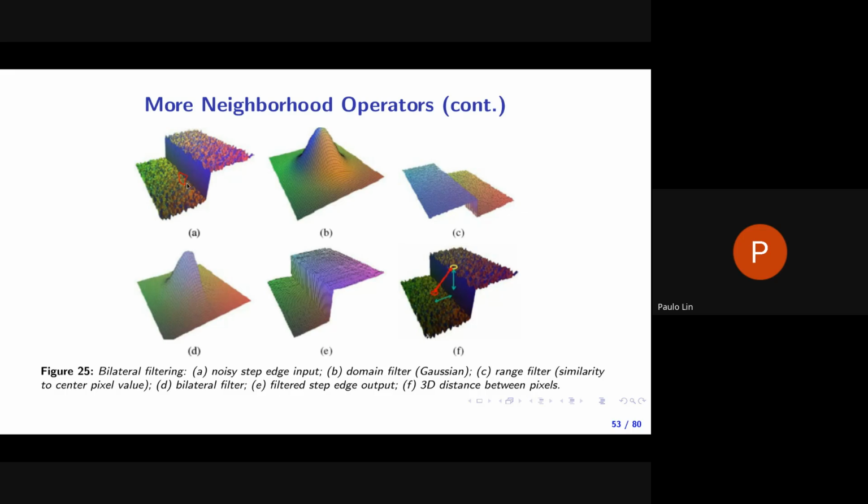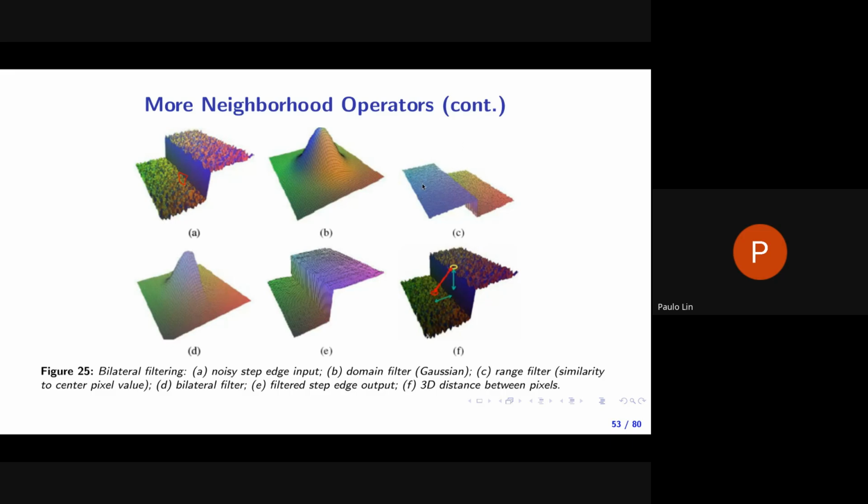So the pixel is located in this part of the image, and we have a Gaussian-like domain kernel, which is this one, and also the range kernel, which is on the right part of the image.